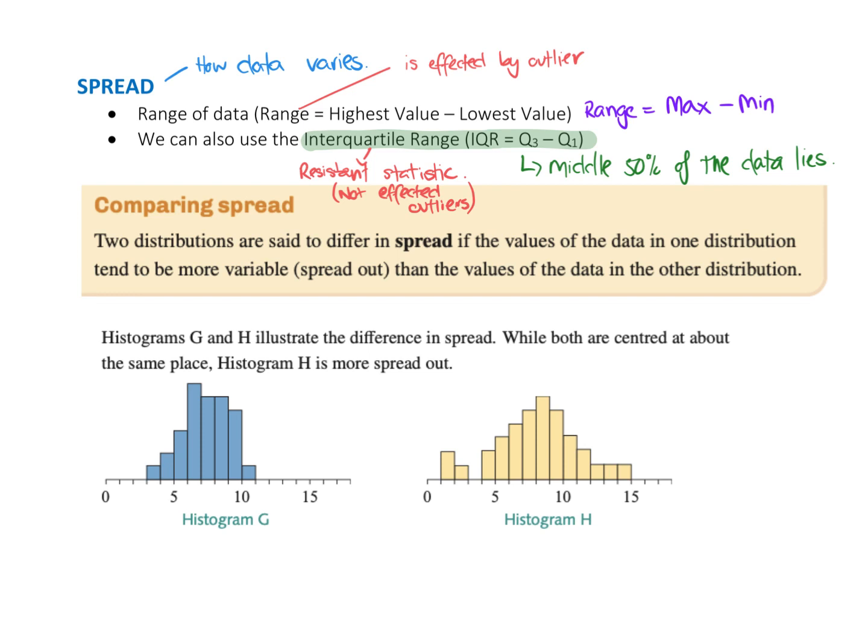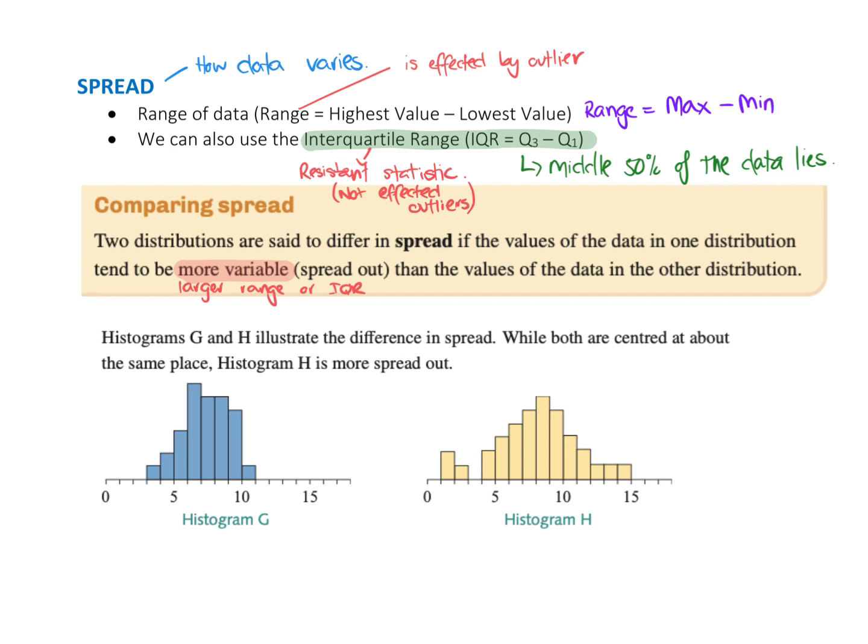So when we compare the spread, two distributions are said to differ in spread if the values of the data in one distribution tend to be more variable. Can you highlight this wording, more variable, because this is what they're going to use. When they say more variable, it's a larger range or interquartile range.